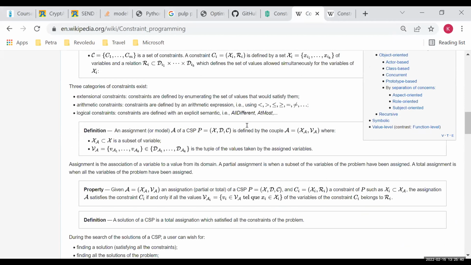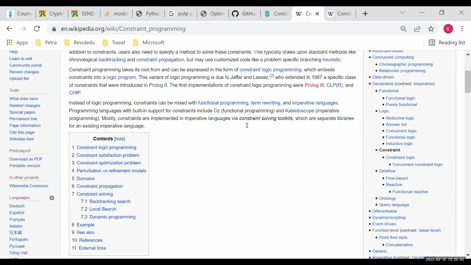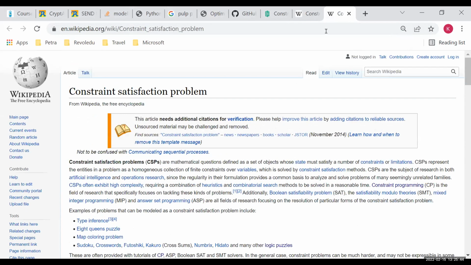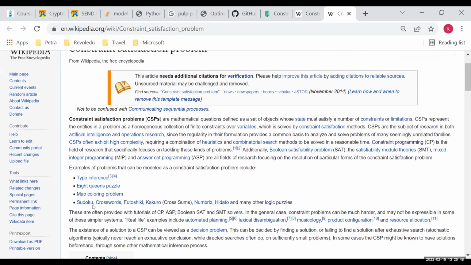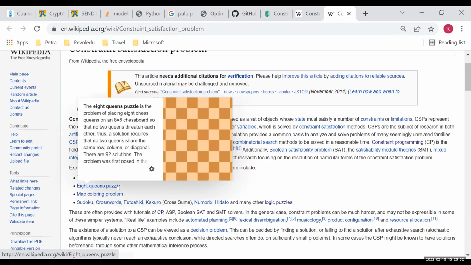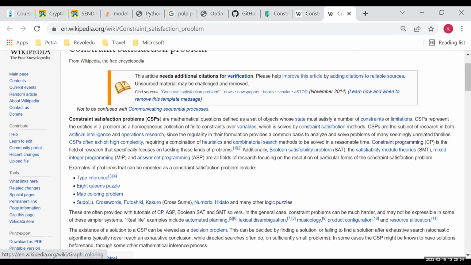There is a Wikipedia page about CSP, constraint programming. So, for example, using CSP, you can solve 8-queens problems, map coloring, Sudoku, crossword, and so on. These are the examples.